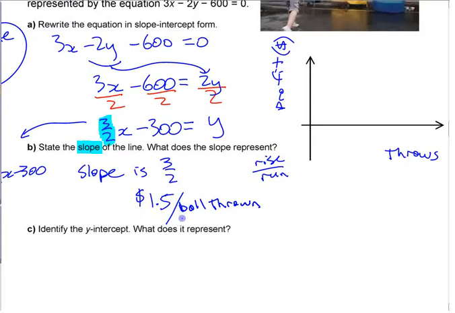Okay, maybe those are weird units, but those are the units here, right? This is dollars of profit per ball thrown. Every time somebody comes and plays the game, they get $1.50 out of it. Okay, that's what that's saying. For every ball thrown, they make $1.50 profit, right?